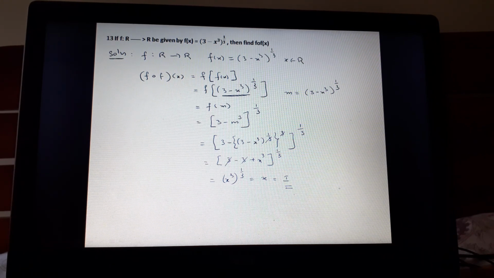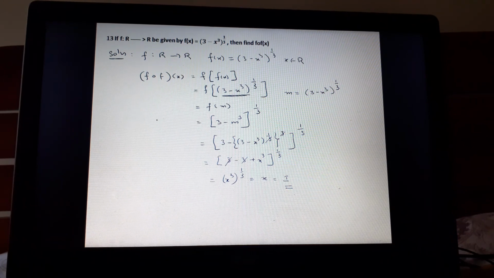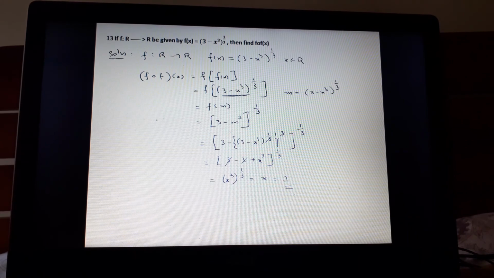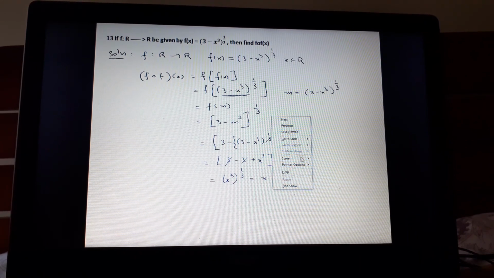So let us conclude with this question. I think the remaining one or two questions are very simple, therefore I have not taken. I have taken almost all questions from all exercises. One more exercise is remaining, I think. Yeah, this is actually the next exercise, binary operation.